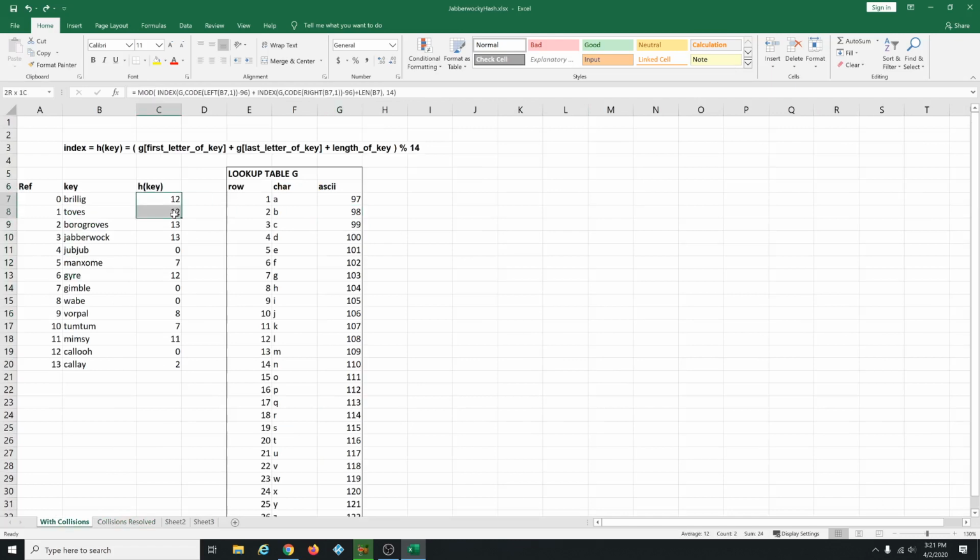So I had a lot of 12s, I had a lot of 13s, I had a lot of zeros. You look at the letters that are common to those, perhaps. It's going to depend on your data, but here B was common, and I realized that changing B would get this 12 away from the other 12, and it would get this 13 away from the other 13, so that's a good one.